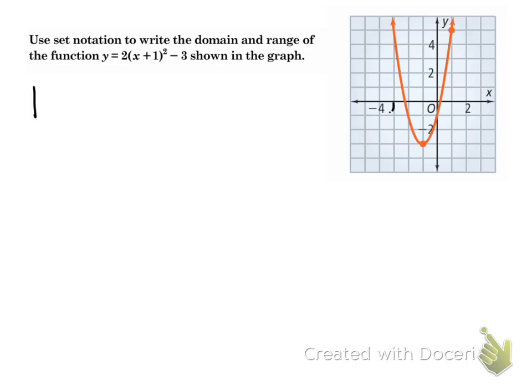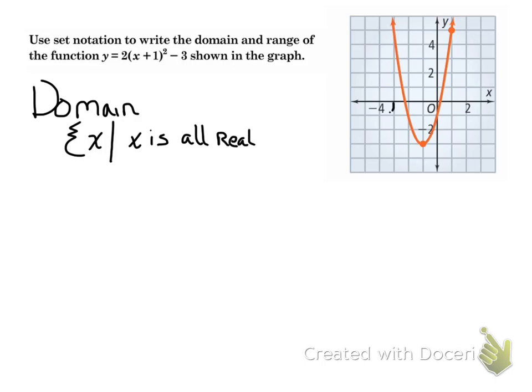And so my domain in set builder is going to look like x such that, and that's what that vertical line means, x is all real numbers. So that's how I can draw my domain in set builder.